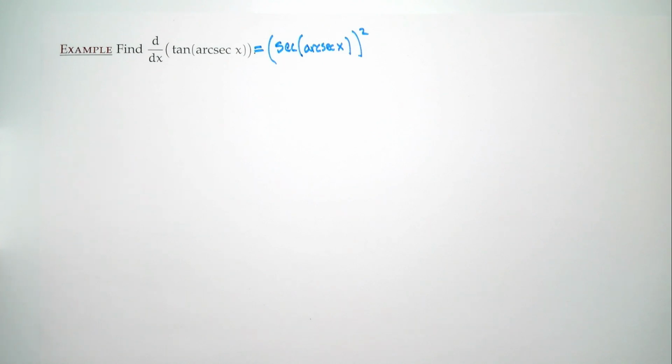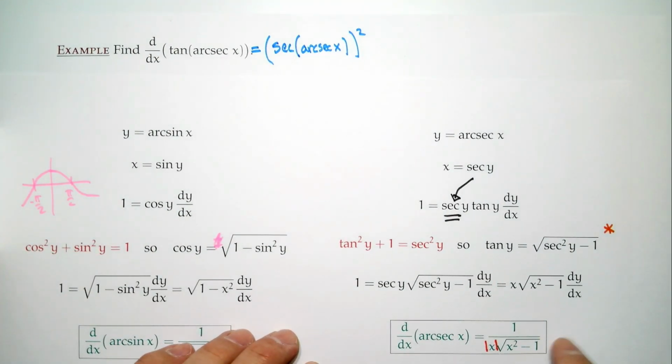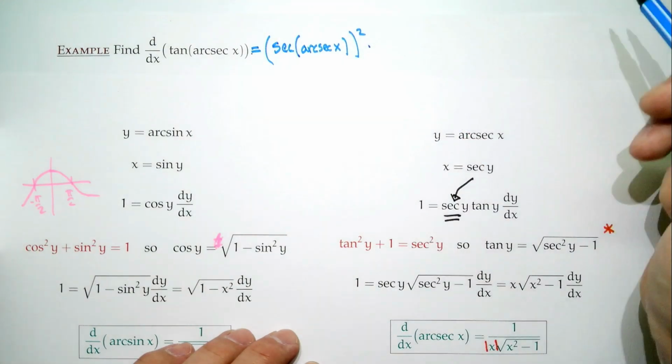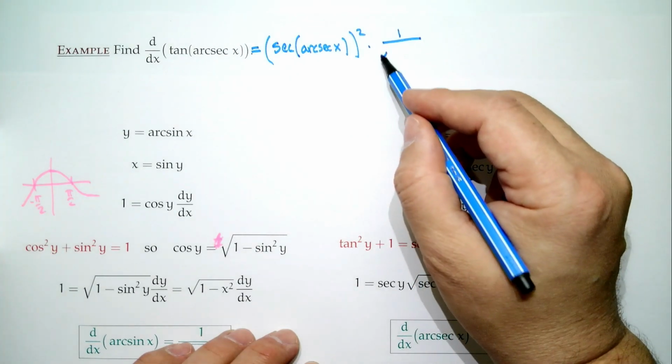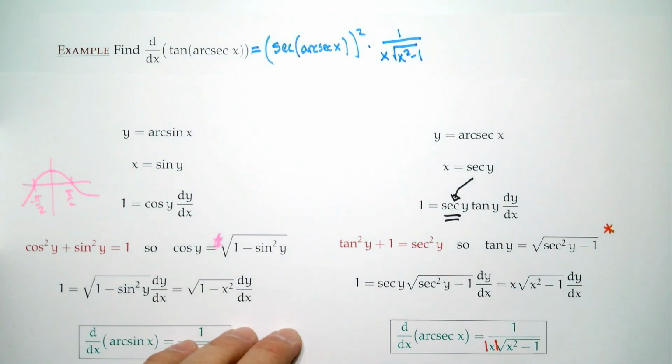And then the derivative of arc secant. We just found that. So we're going to assume we don't need the absolute value. So that's going to be 1 over x square root of x squared minus 1.